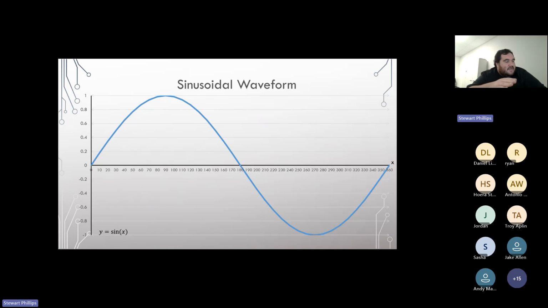So as we get to 90 degrees, we know that at 90 degrees we cut the magnetic field at the highest amount. So therefore we have the highest voltage, or the highest point of the sine wave. And then again at 180 plus 90, so 270, we have another peak inverse voltage.